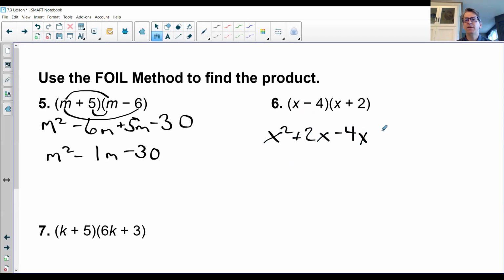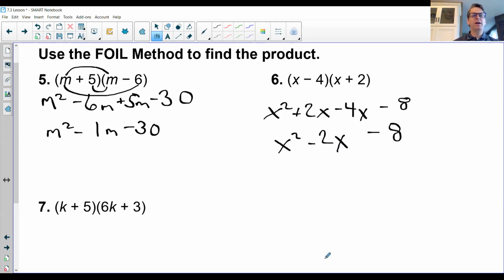And last is minus 8. So x squared and 2 x's, you subtract 4, you're at minus 2x. And minus 8. And that would be number 6. X squared minus 2x minus 8.